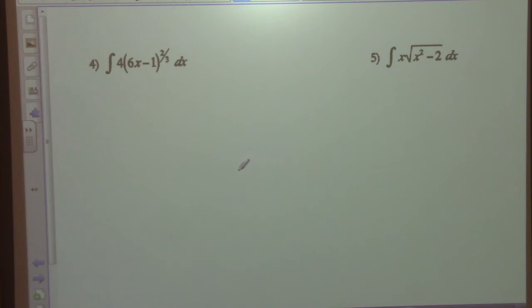Okay, go ahead. So u is 6x minus 1. du dx is 6. So dx is du over 6.